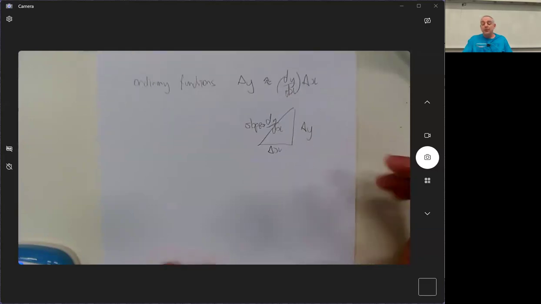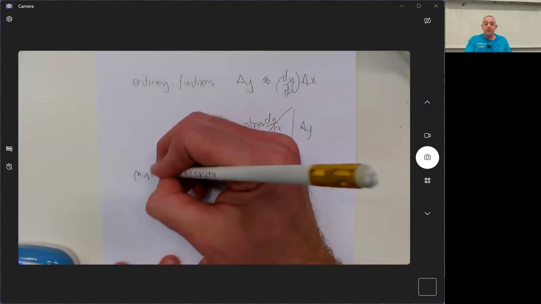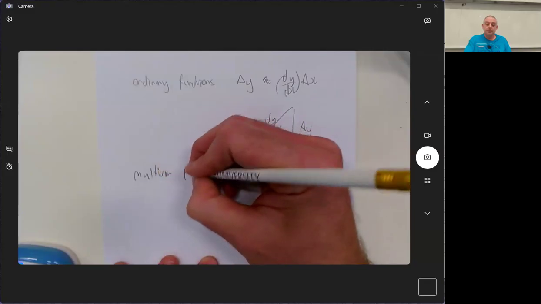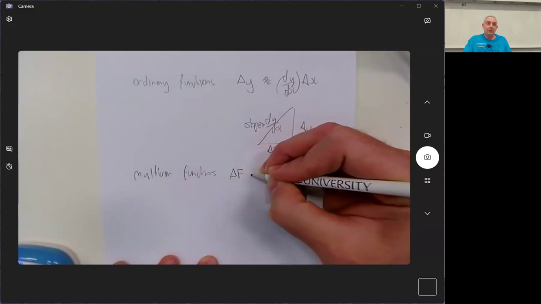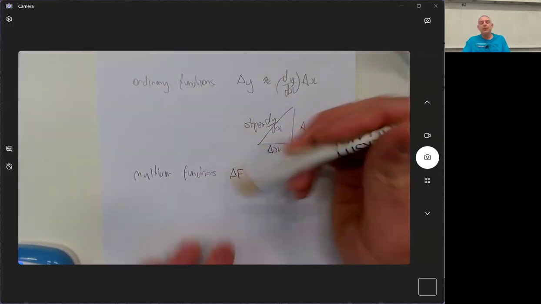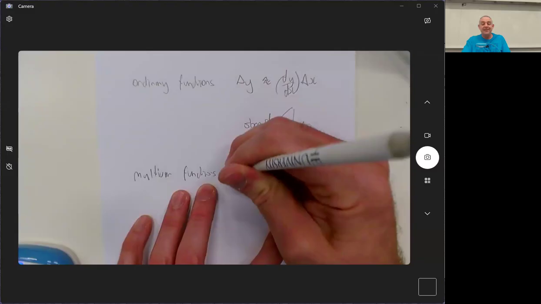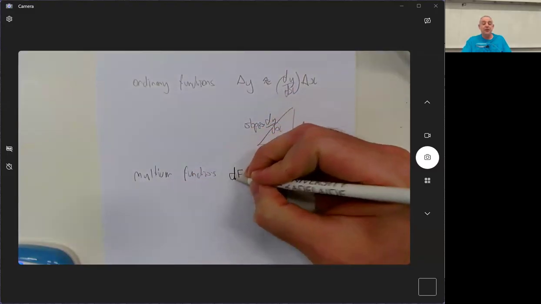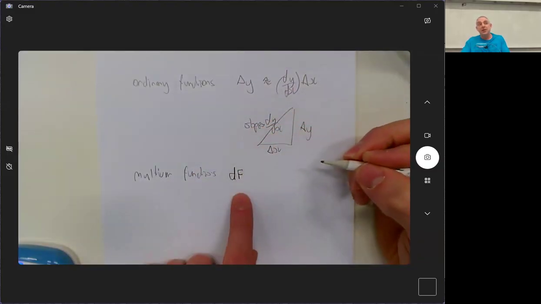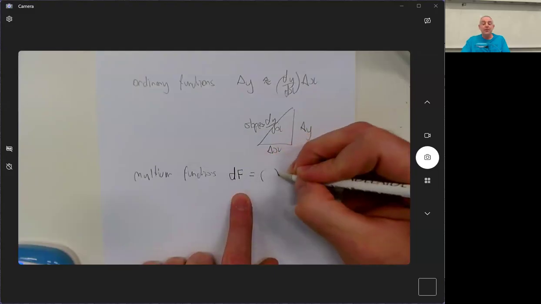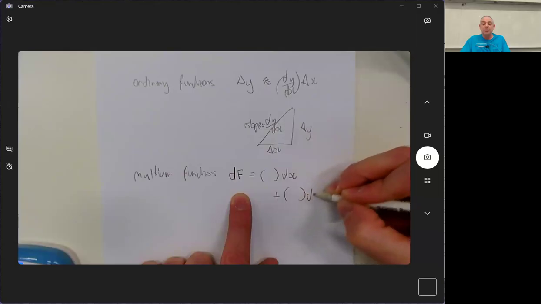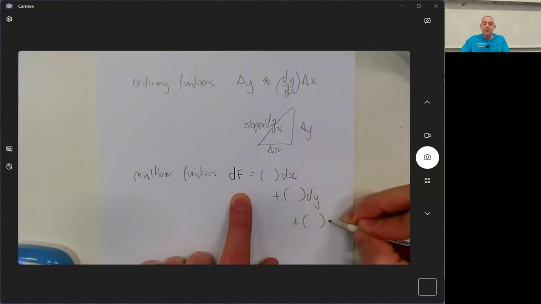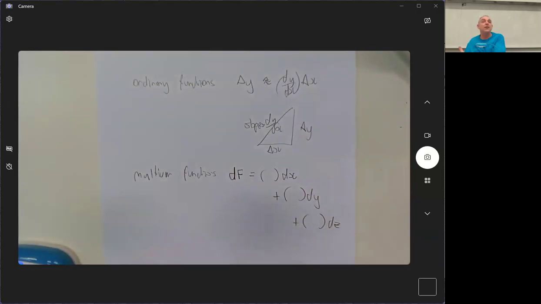For multivariable functions, the change in f will be, I'm going to be dodgy and I'm just going to call it df instead of the change in f. Df to be an extremely small change in f. It will be something times a change in whatever x changed by, plus something times whatever y changed by, plus something times whatever z changed by, or however many variables there are.